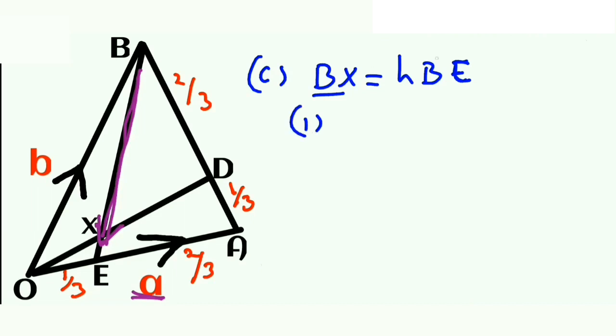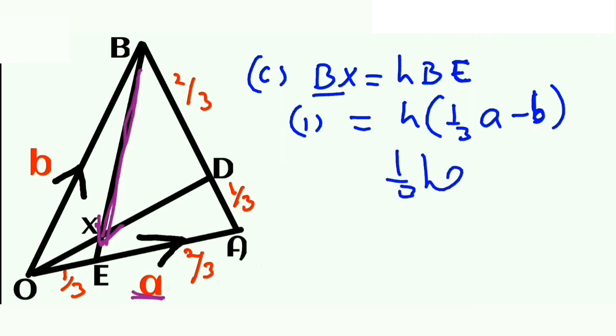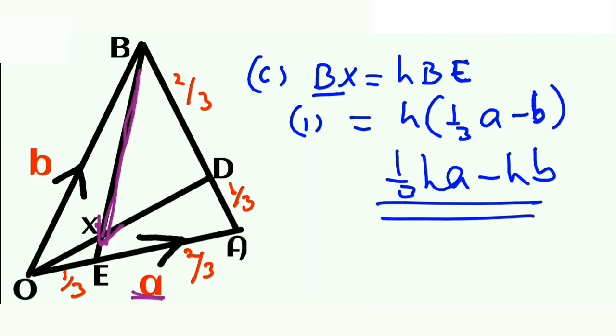So for BX, we have to multiply H by BE, so it equals H, open bracket, BE from question A part 3, which equals 1/3 A minus B. So it's 1/3 HA minus HB. So this is the value for BX.